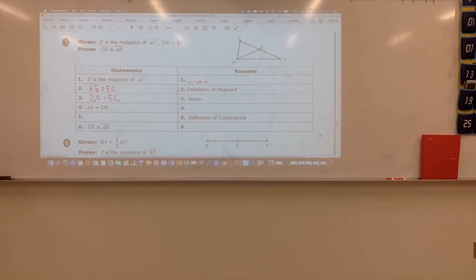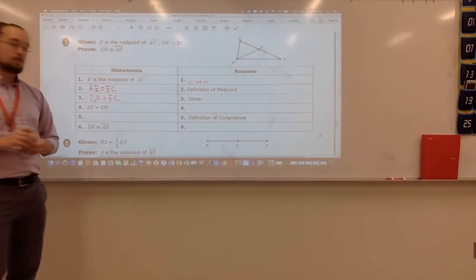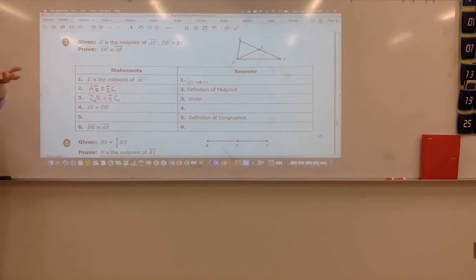No, definition of congruence is just when we're going back and forth between equality and congruence with the same segments. We could use substitution here, or we can use transitive. Both of those would work.